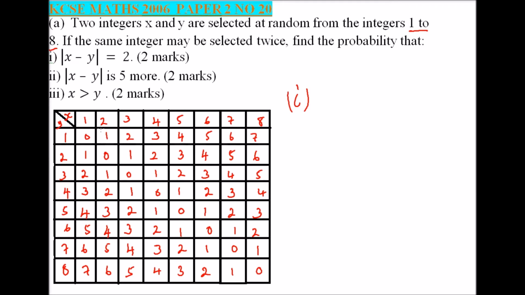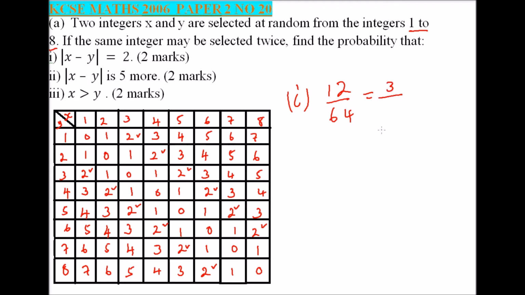The number of 2s we have: this is 1, 2, 3, 4, 5, 6, then 7, 8, 9, 10, 11, and 12. So you find that x minus y is 2. We have 12 of them out of 64, which you can simplify by 4 and you get 3.